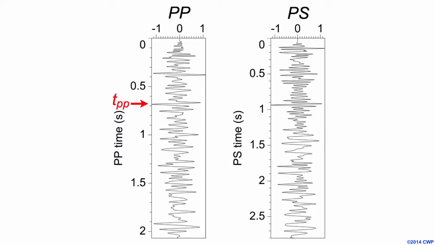All right, so the idea is that for any choice of PP time, and here we're choosing a relatively strong reflector at about 0.7 seconds, there's a corresponding reflection in the PS image, and you'll see that's at a larger time. Okay, that'll be the PS time.